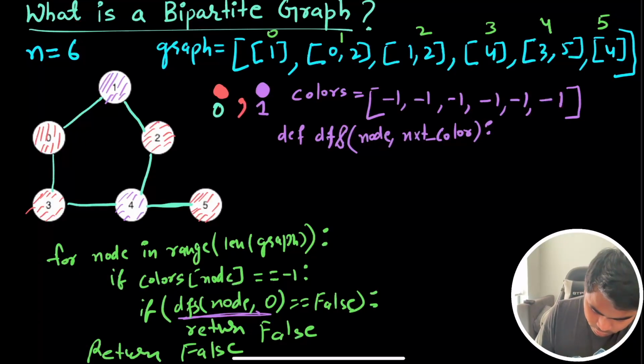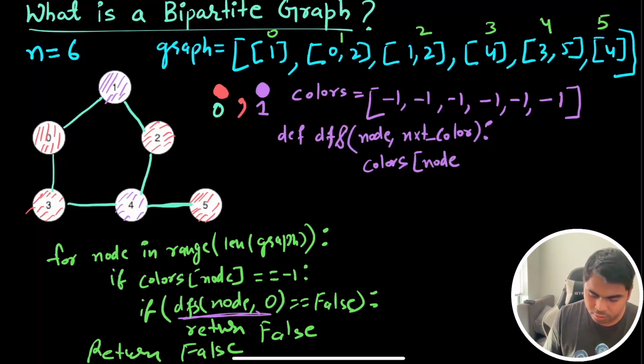So here to the node I can assign the color. So in the colors, this node, and by the way I'm calling it on a non-visited vertex, so that's why I can safely assign the color here.